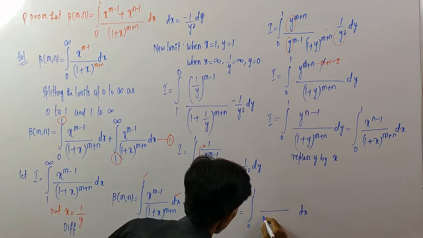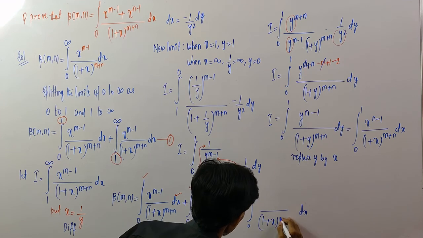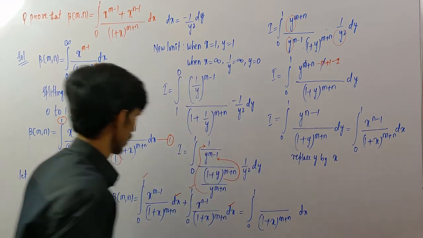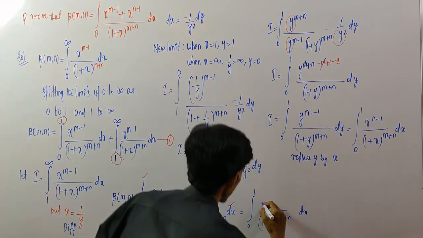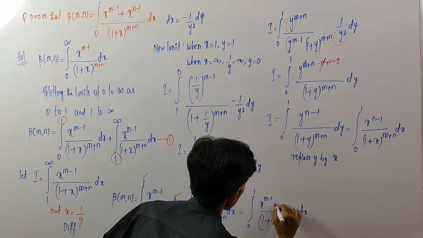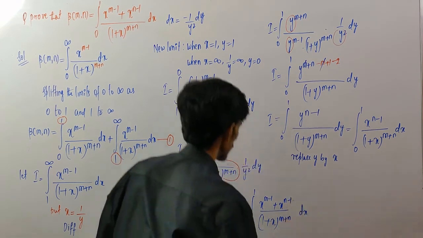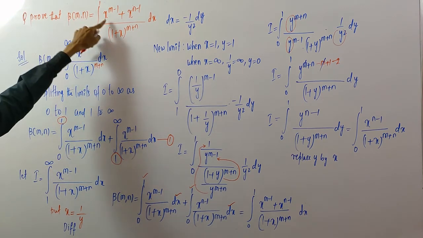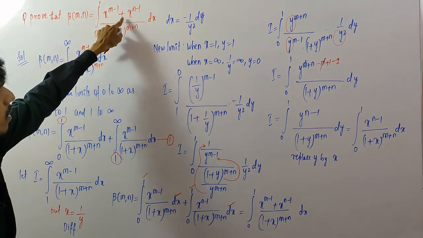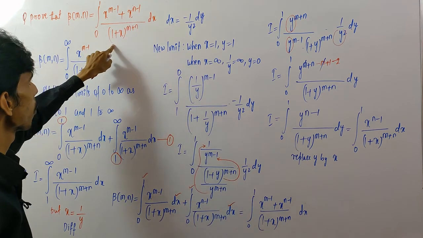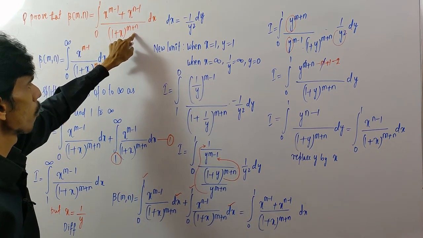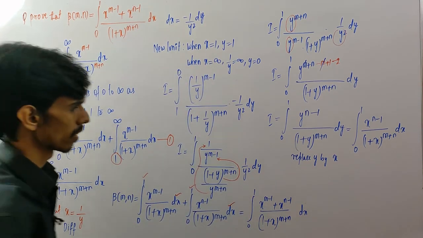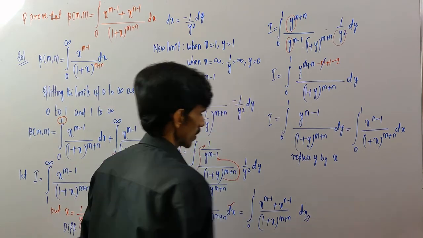So taking LCM we have 1 plus x whole power of m plus n, and adding the numerators we have x power of m minus 1 plus x power of n minus 1. Now we got this result: integral 0 to 1 of x power of m minus 1 plus x power of n minus 1 upon 1 plus x whole power of m plus n dx. Now this is the solution.